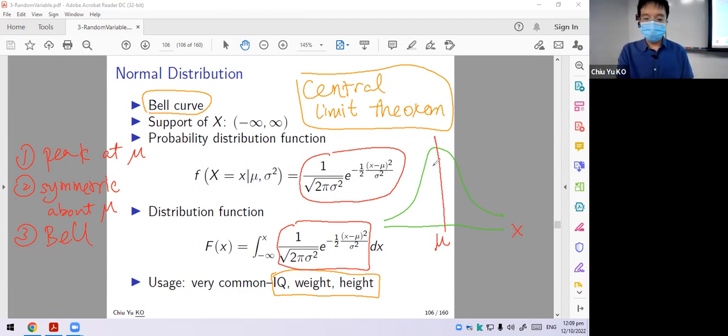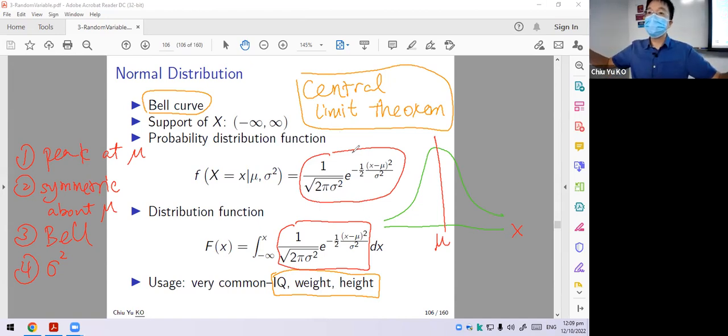And the first thing you can see from this is the sigma squared. The sigma actually affects the shape, because if you increase the sigma squared, the denominator gets bigger, so it's actually getting flatter.